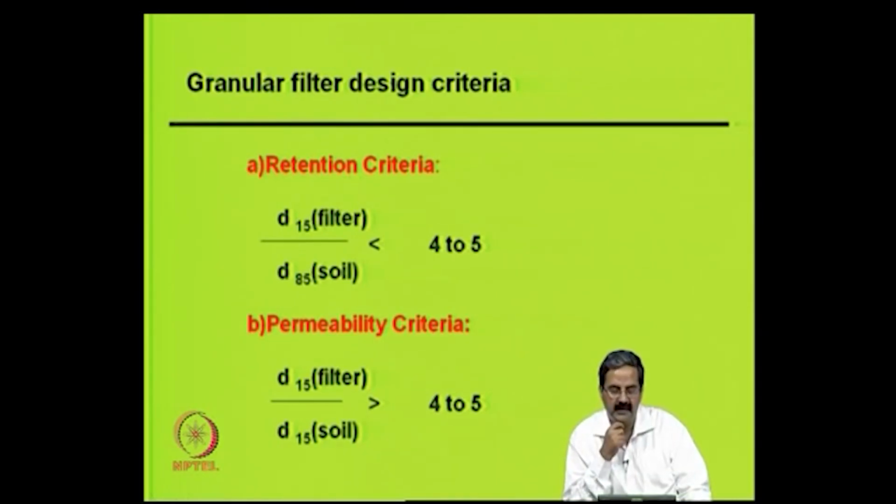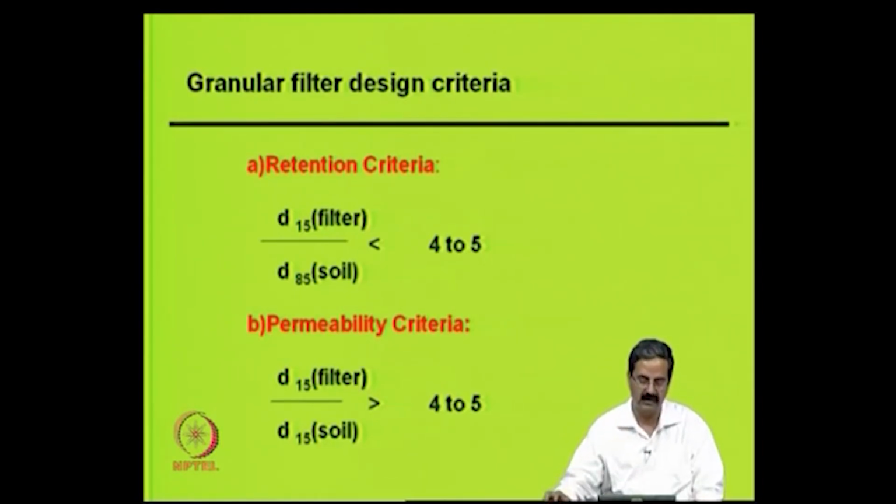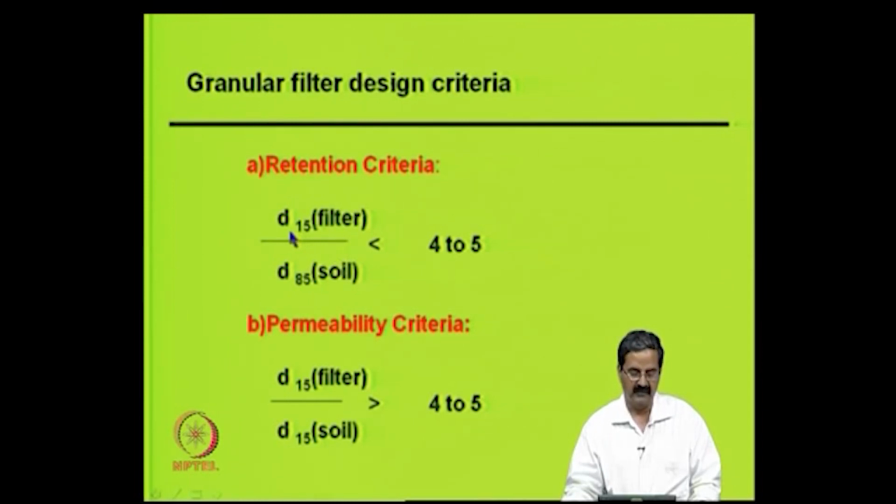You may remember that with all these problems associated with the importance of the design that you have, the design criteria is very empirical. What we do is, if you want to retain the soil, say for example, you do not allow the soil to go out, from the grain size distributions you take a D15 of the filter and D85 of the soil, both of them you have, and if you find D15 by D85 of the soil to be less than 4 to 5, soil is retained.